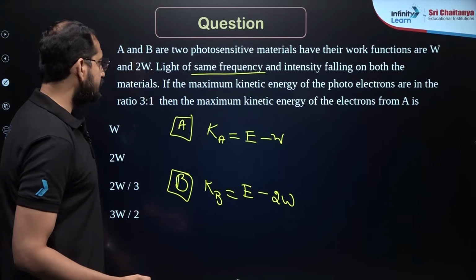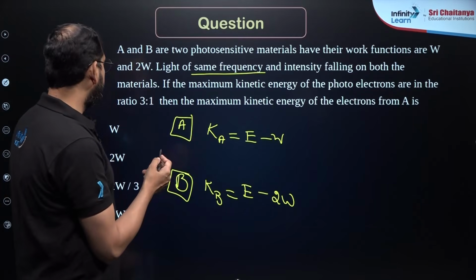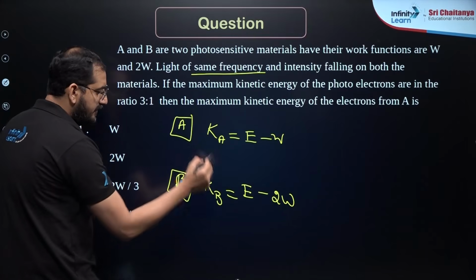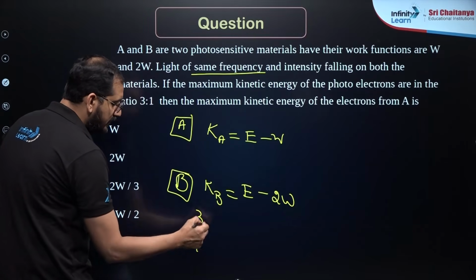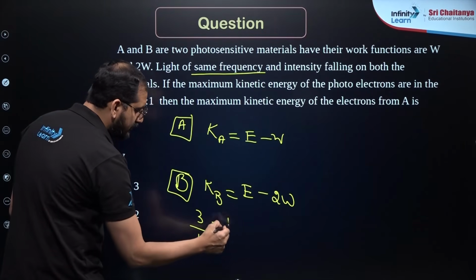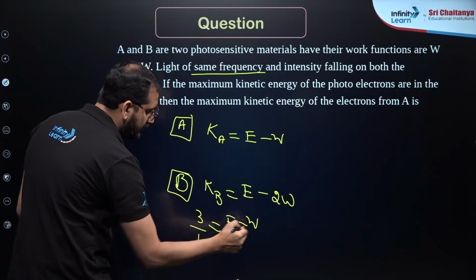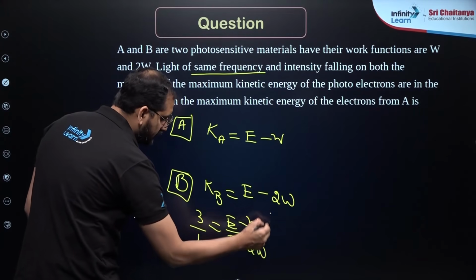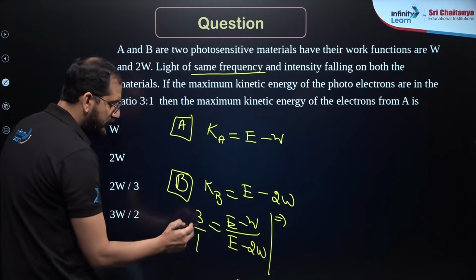The ratio of Ka and Kb is given to me. Ka divided by Kb is given as 3 by 1. So this divided by this will come out to be E minus W upon E minus 2W. Let's quickly solve this.